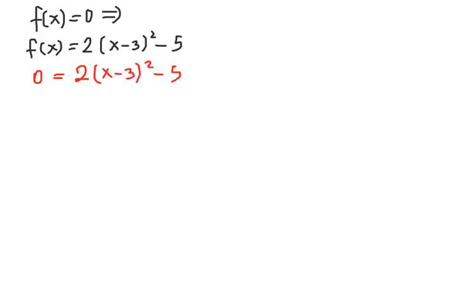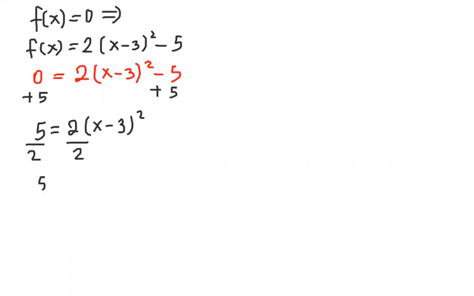Now I solve this equation by adding 5 to both sides. So I get 5 equals 2(x minus 3) squared. Now I divide by 2 on both sides, so I get 5 over 2 equals (x minus 3) squared.